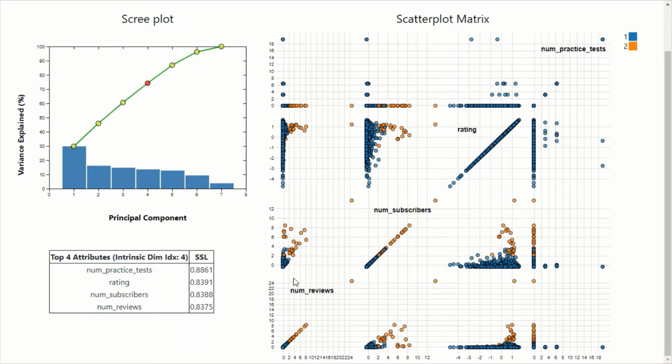Here we can see that as the number of subscribers is increasing, the number of reviews is also increasing. In this way we can analyze each plot, but there is a weakness of the scatter plot matrix, that we cannot analyze all the dimensions at once.